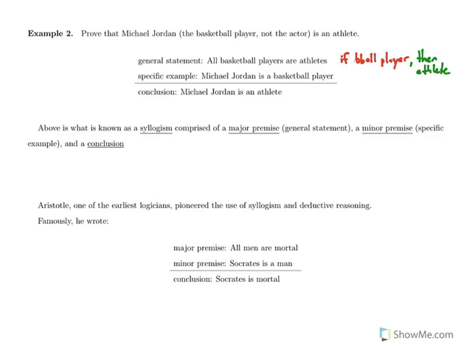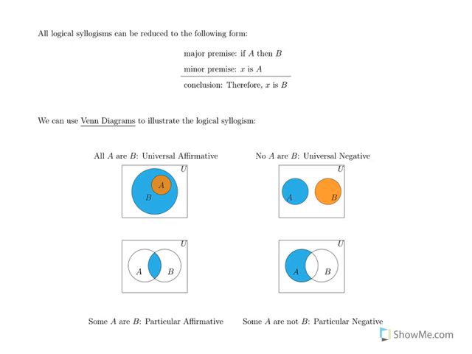And we're saying Michael Jordan is a basketball player. So therefore, Michael Jordan is an athlete. All logical syllogisms can be brought to this form. And again, the Venn diagrams help us to understand these.